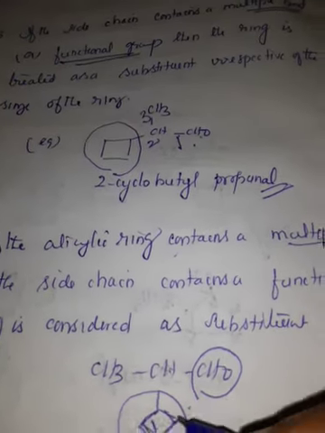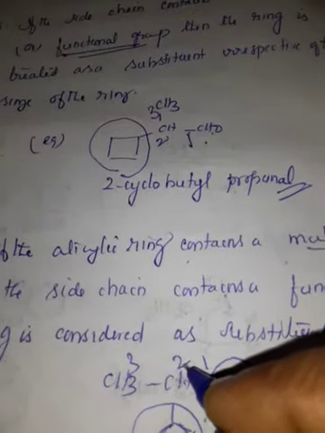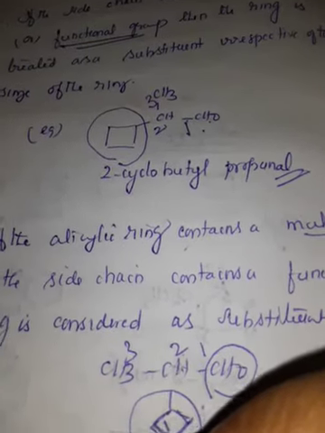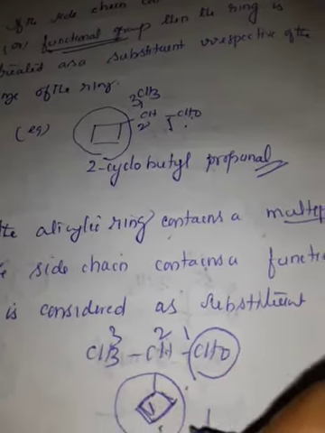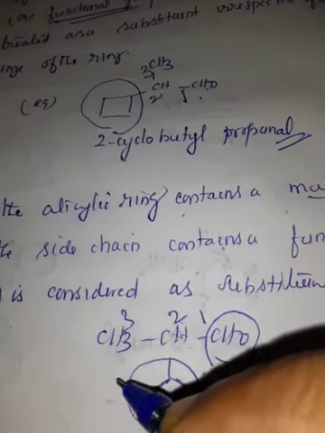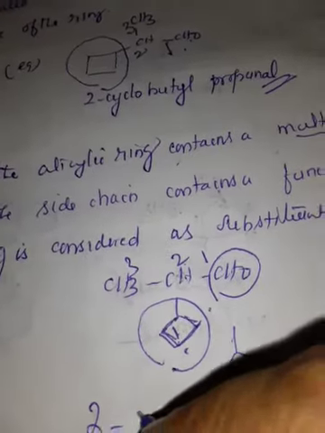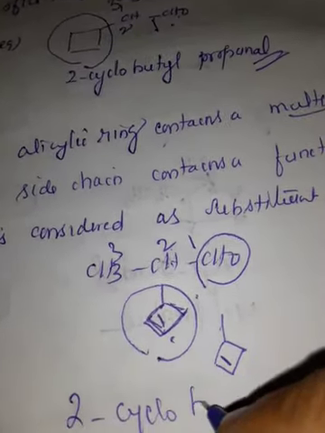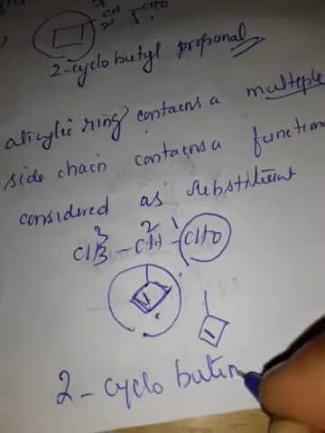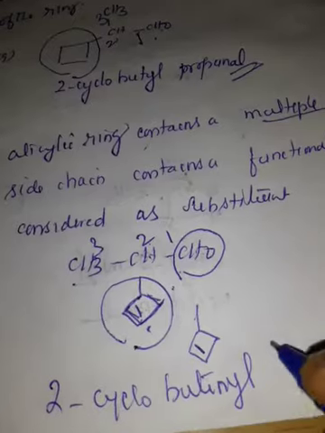The name for this is first 2, 3, second carbon, 2-cyclobutenyl, ENE because of the double bond, 2-cyclobutenyl, 3 carbon atom with the aldehyde group, propanal.